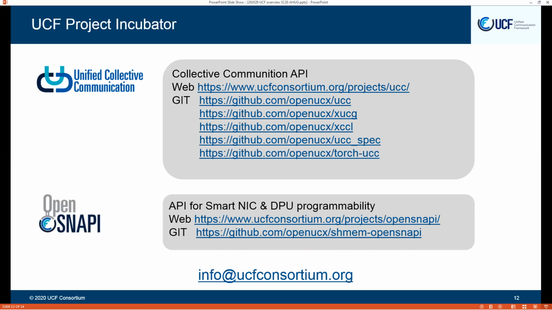OpenSNAPy, Open Smart Network API. It's an effort to create a standard API to access smart NICs and DPUs, and to be able to get the resources of the DPUs or the smart NICs to the applications in an easier way.